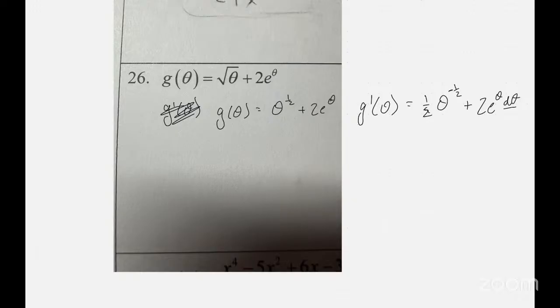There's a property: if your function is e to the y, then the derivative of your function is e to the y dy. Do you not have that? Did you not learn that yet? No, I don't think they gave us anything for that.